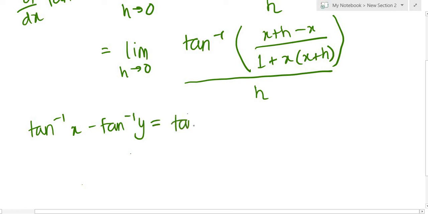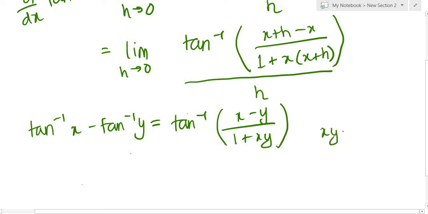You can write this as the tan inverse of x minus y over 1 plus xy, where xy is, I think, greater than 1. You might want to check it up. So I've just used this formula. You might want to check the condition again. I won't guarantee, but for all our purposes, we can just use this.